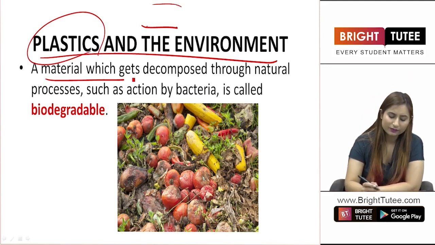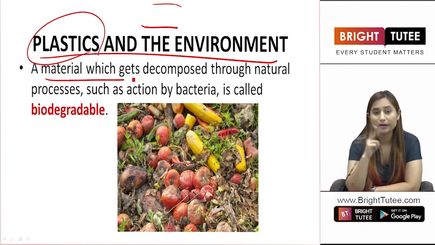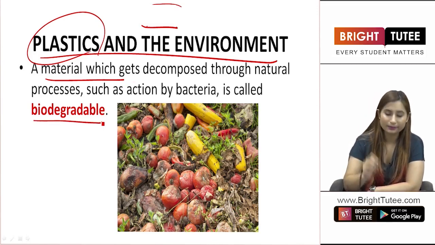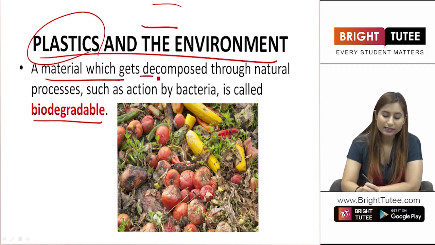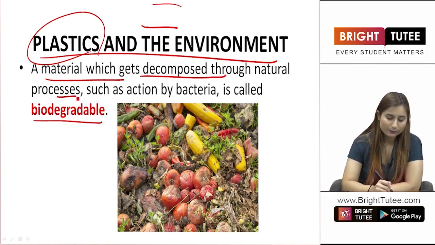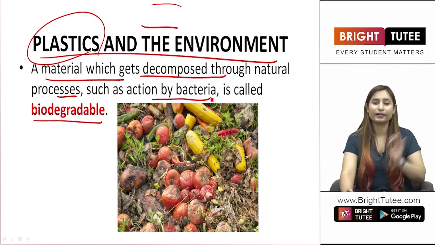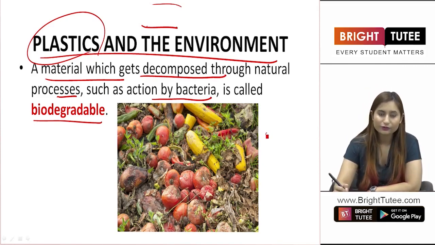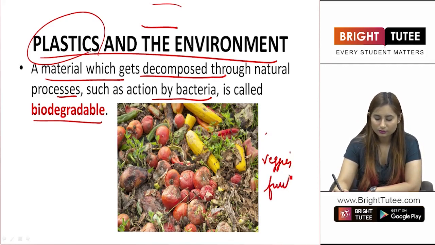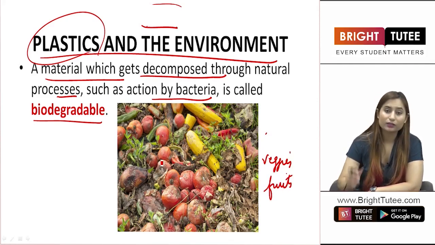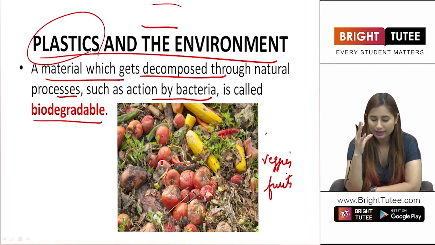First of all, you have to understand the difference between biodegradable and non-biodegradable, right? So, let us discuss what is biodegradable. A material which gets decomposed through natural processes such as action by bacteria is called biodegradable. You have a picture in front of you. Here you can see veggies, you have fruits, right? They are present on the ground. After some time you will notice that they have been degraded by nature itself.